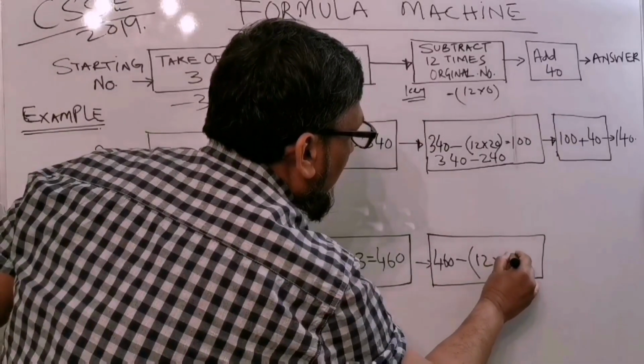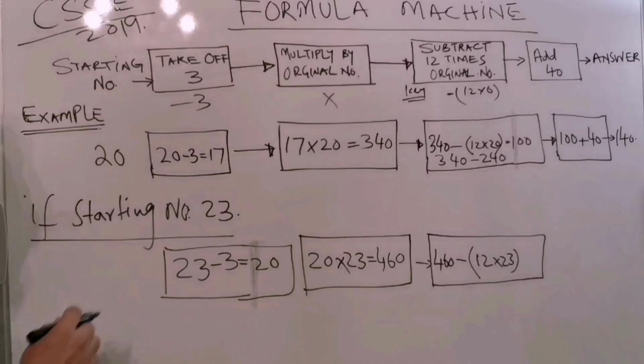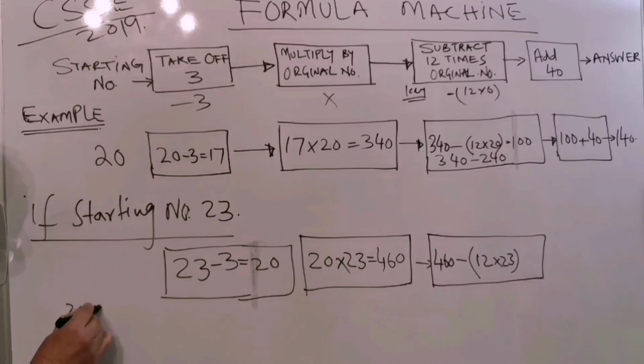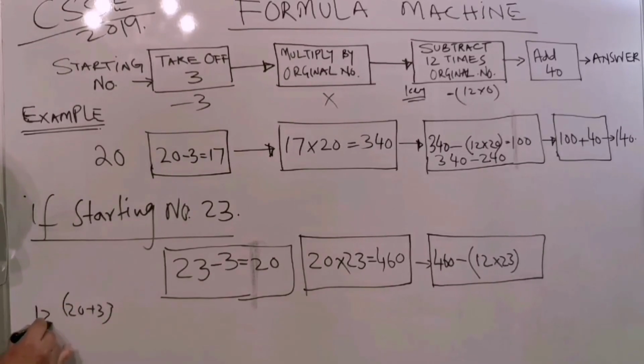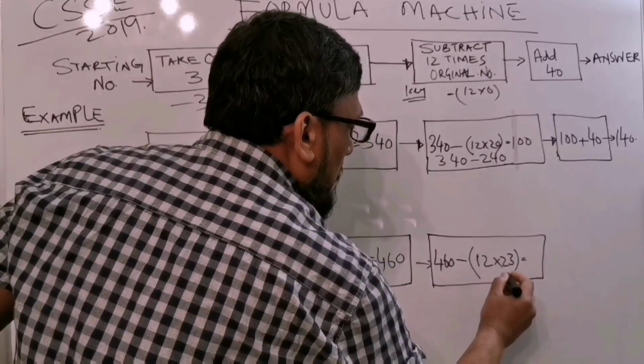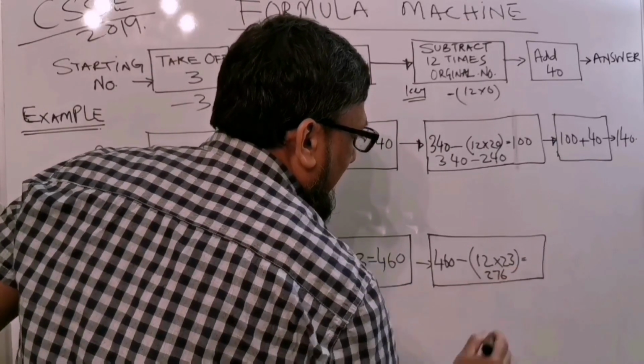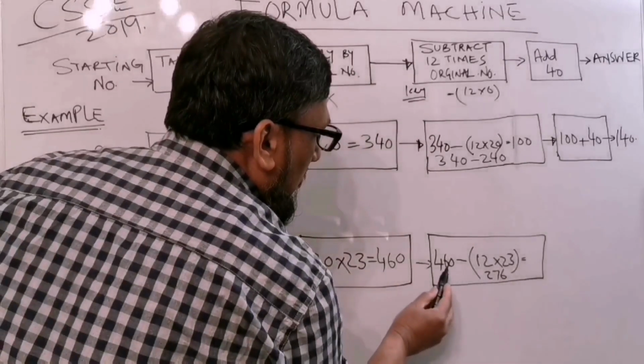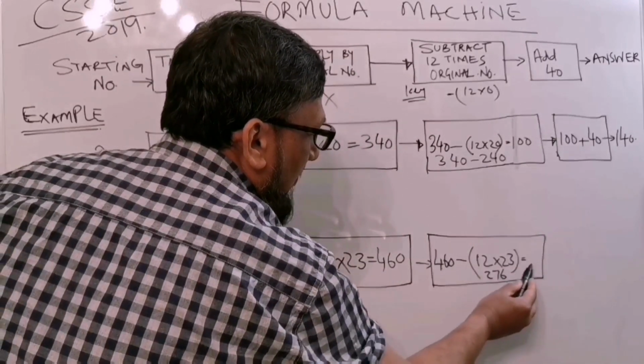So 12 times 23: 12 times 2 is 24, and 12 times 3 is 36. So it's coming 276.